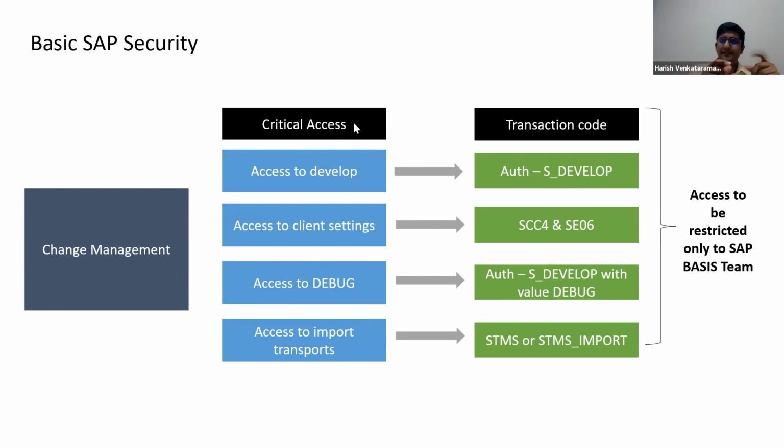Under that SAP instance, there will be multiple clients rolled out. The default client would be there. There will be a production client. There will be a dummy client also set up just for other purposes. So one instance could have multiple clients.